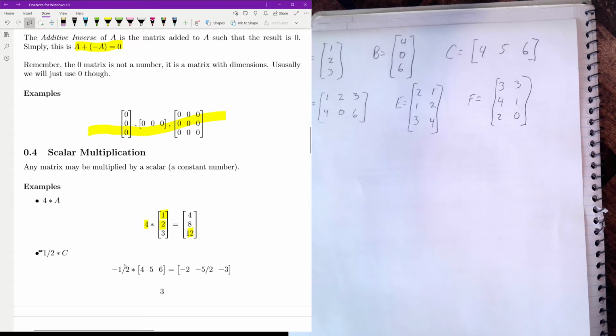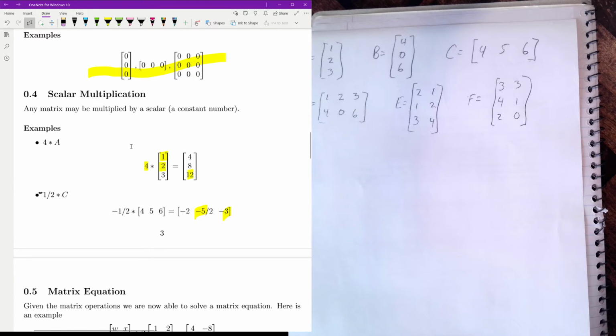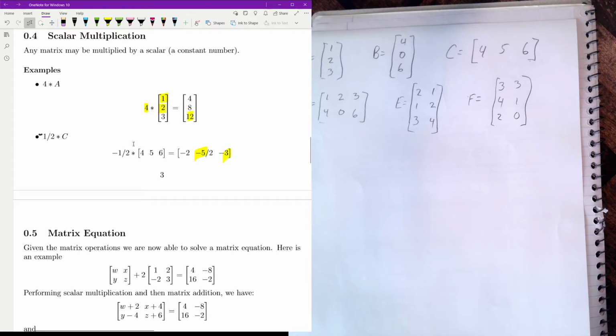So we have minus 1/2 times C, so minus 1/2 times 4 is minus 2, minus 5/2, and minus 3. I think most of these are pretty straightforward applications, and we're not really going to have too much misunderstanding of what that means.